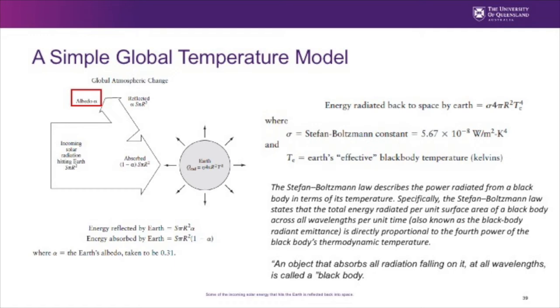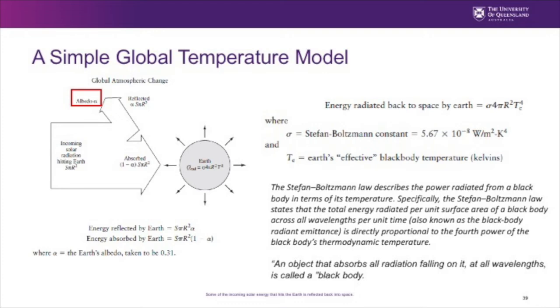We also assume that it is isothermal, that is, the temperature is the same everywhere on the planet. And how are we going to distribute this radiation? We're going to redistribute this radiation in terms of a spherical object. So then we need to know how the area of a spherical object is calculated.